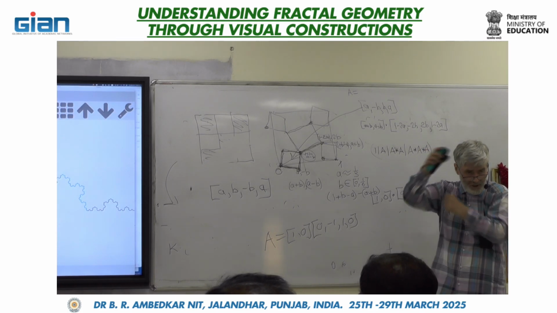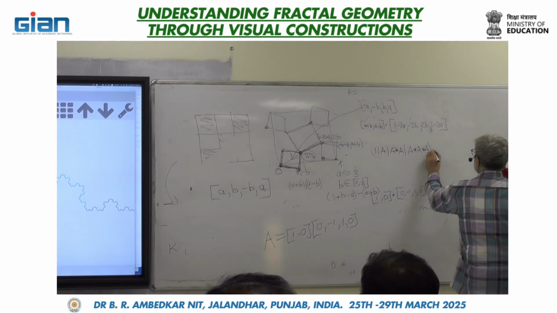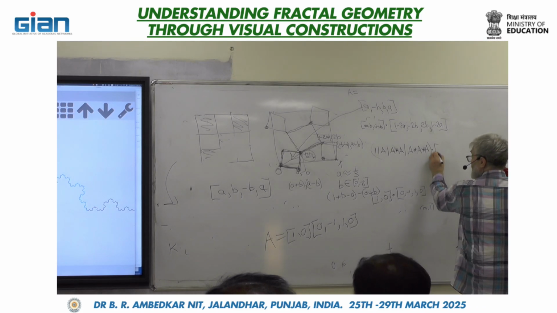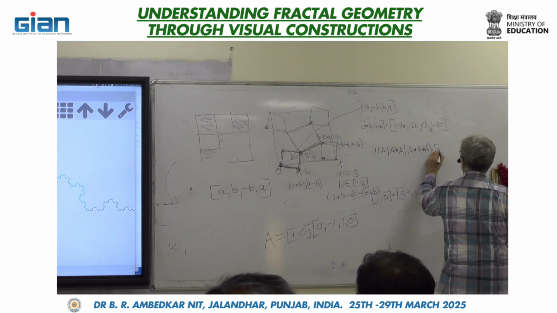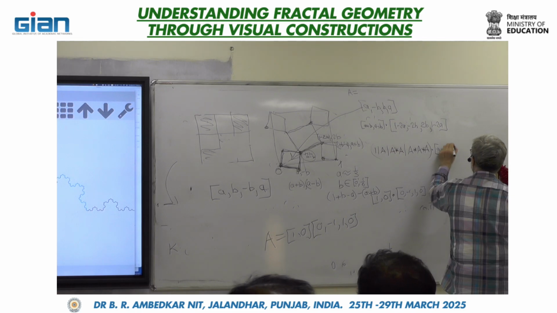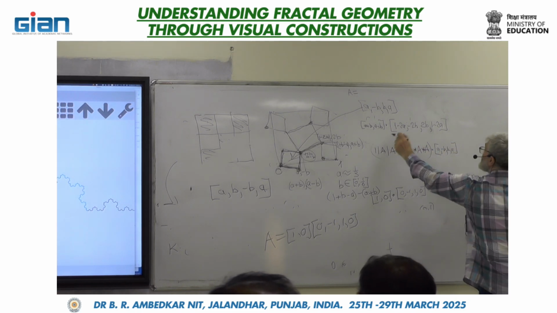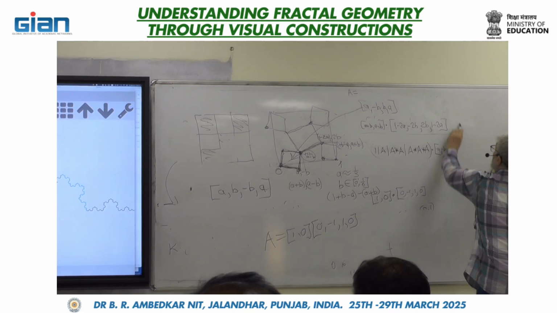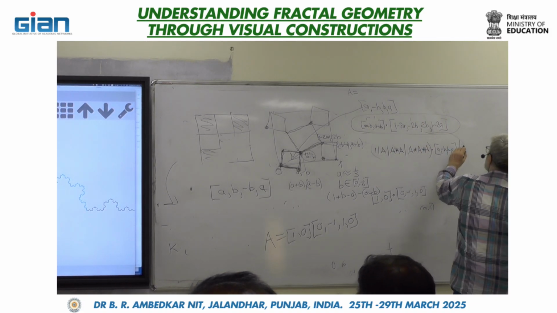We have 3 rotations. Then we multiply them by this map A minus B, BA, right? And then add here this one.